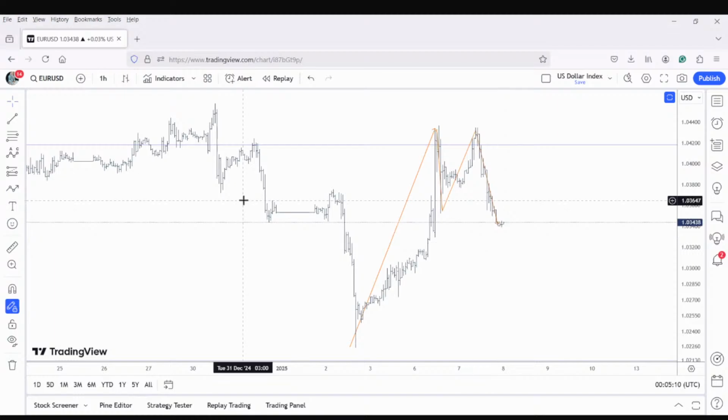In terms of magnitude or degree, I use the label lower degree because on the daily chart we were working on minor degree. On the hourly chart, we'll start working from possibly sub-minute degree or minute, right?